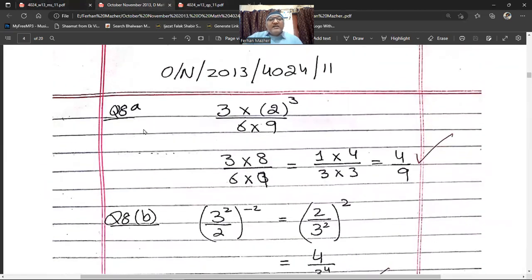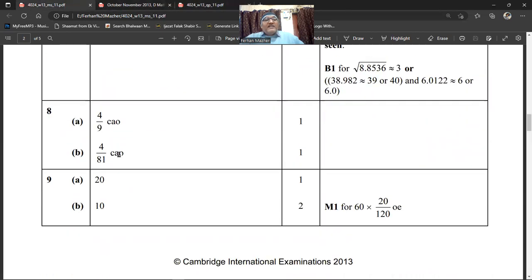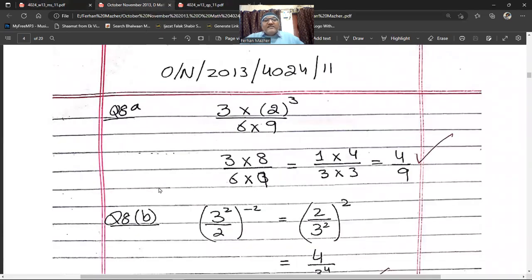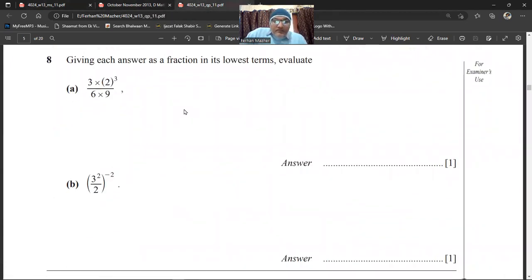So that will be 3 into 2 raised to power 3, that is 8, divided by 6 and 9. 3 ones are 3, 3 threes are 9, 2 fours are 8, 2 threes are 6. So it will be 1 multiply 4, and in the denominator you will have 3 multiply 3, that will be 4 by 9. 4 by 9 is the right answer, sir. The solution is coming on your screen. You can take your time if you want.